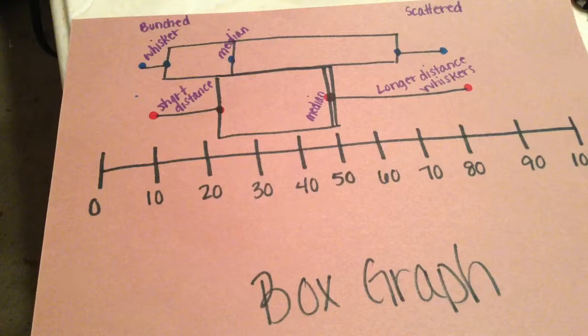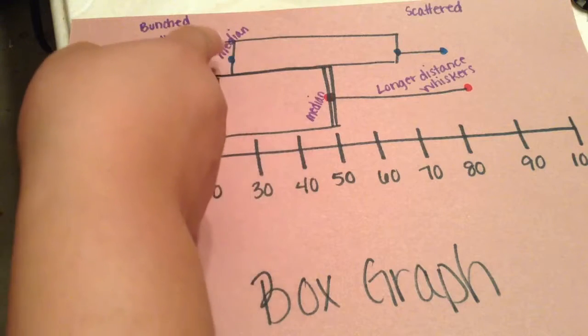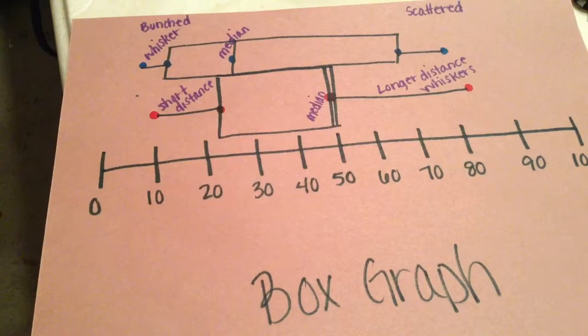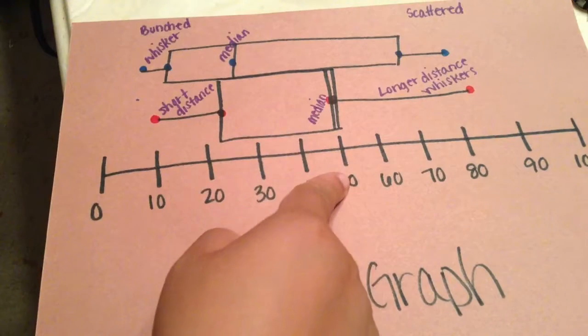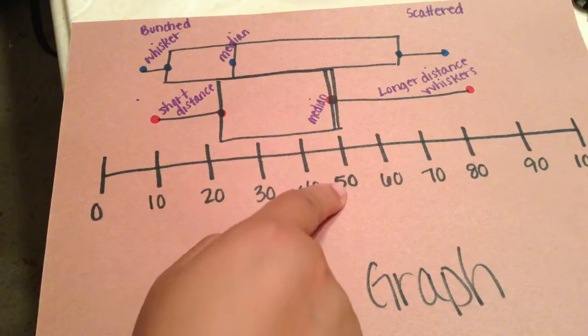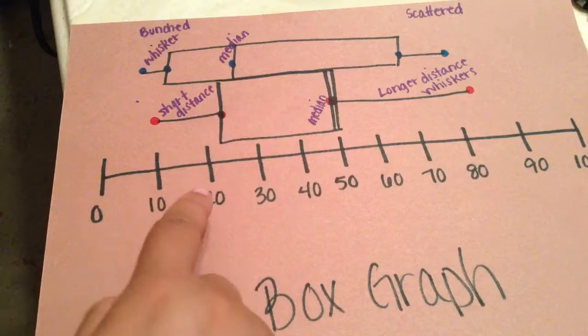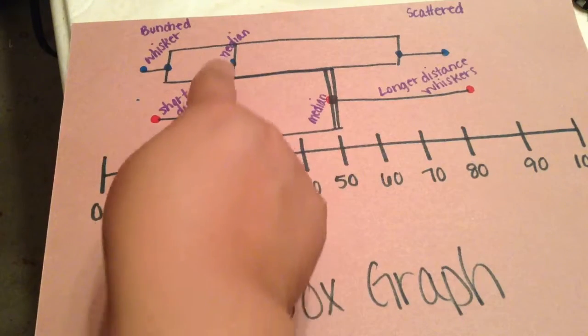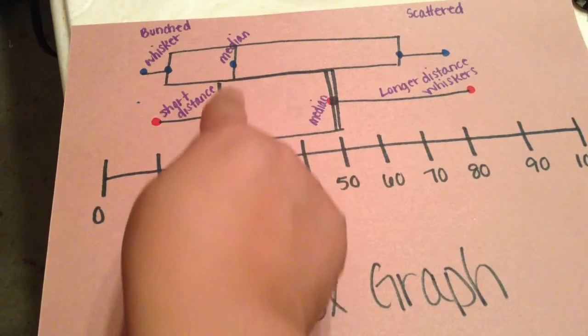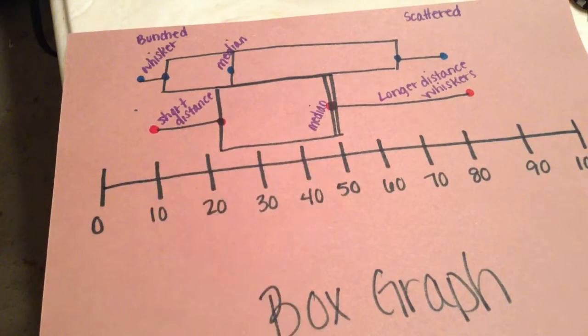On the box plot graph, we can see our median for both Chuck E. Cheese and our median for Peter Piper's Pizza. And you can tell that the median for Chuck E. Cheese is 50 and the median for Peter Piper's Pizza is somewhere in between 20 and 30, but if we bring our hand down, we can see that it's closer to 20.